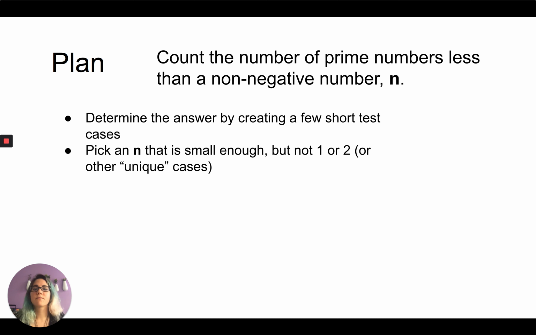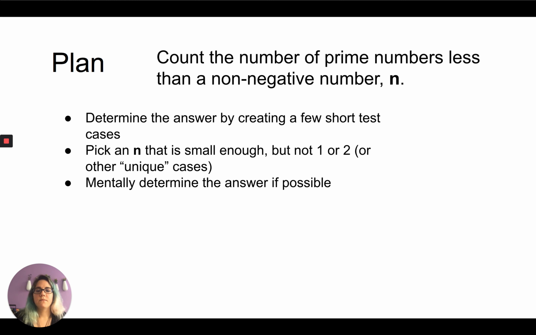Usually in most prompts, you want to pick some data that has enough for you to go through a few iterations, but not so little that it's just 1 or 2, because those cases are often special cases. You want to mentally determine the answer, right?